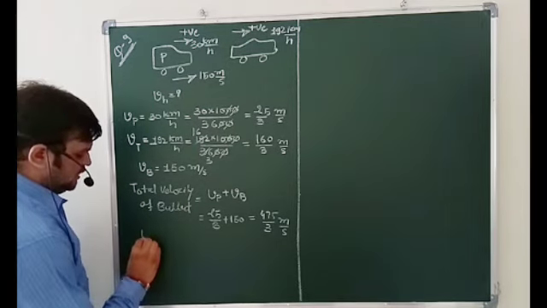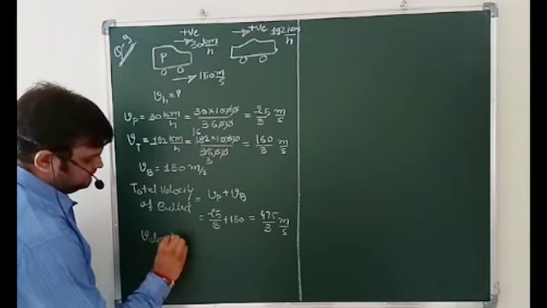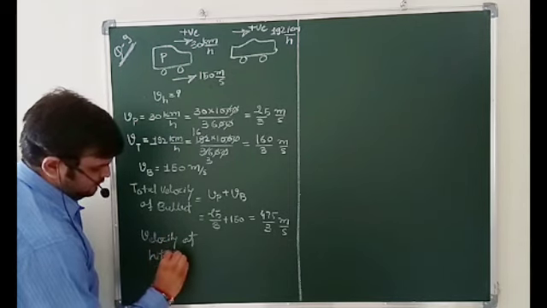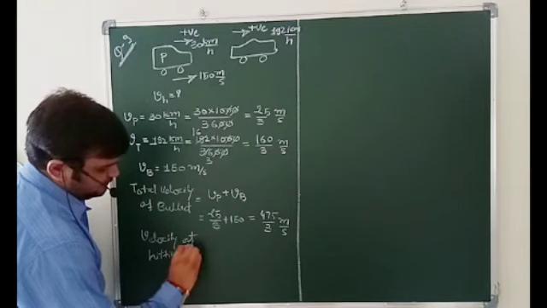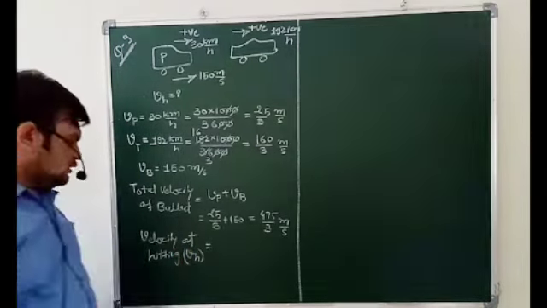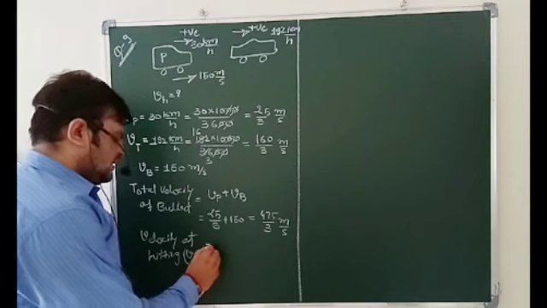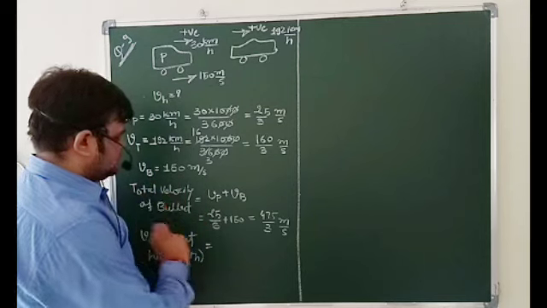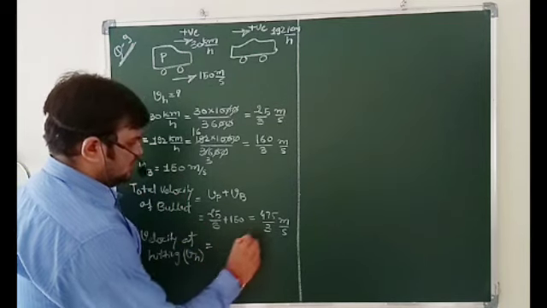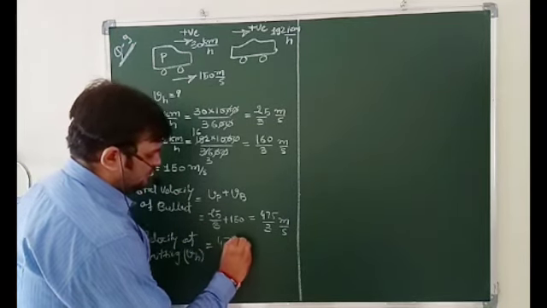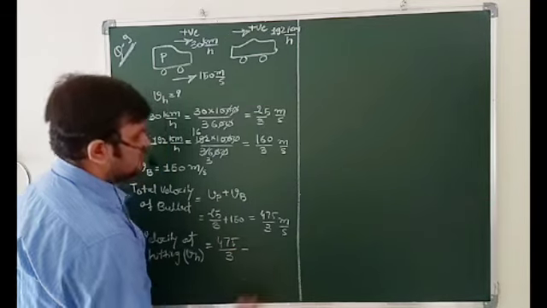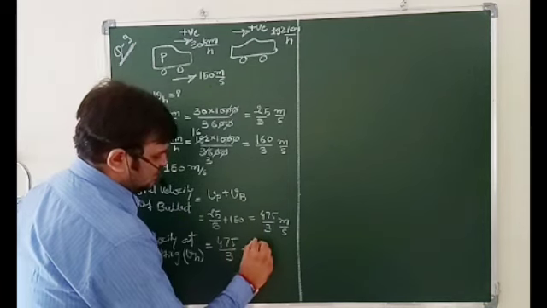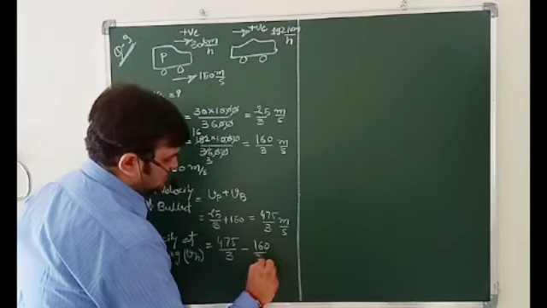Now the velocity of hitting, VH, is equal to the total velocity of the bullet, 475 divided by 3, minus the velocity of the thief's car, Vt, 160 divided by 3.